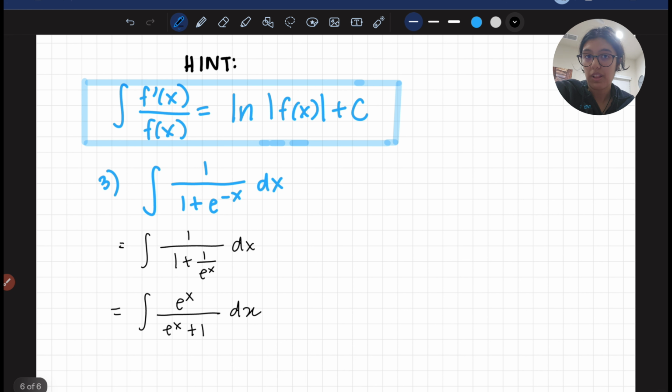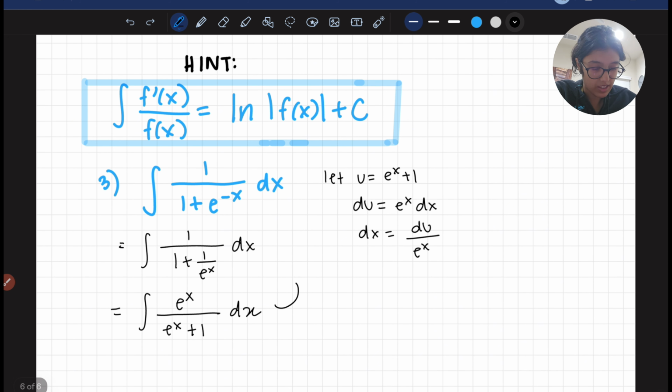Now, I'm ready to apply u-substitution. So I'm going to say let u equal e to the power of x plus 1. As before, du is equal to e to the power of x dx. dx is equal to du over e to the power of x. Now I'm going to simplify this right over here.